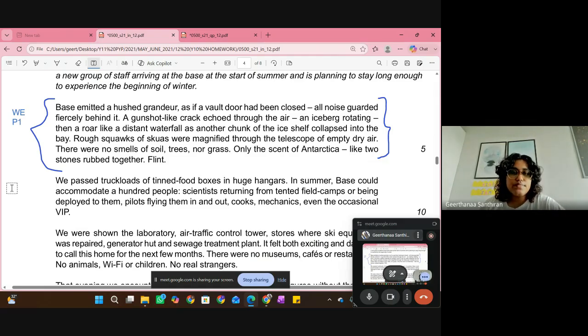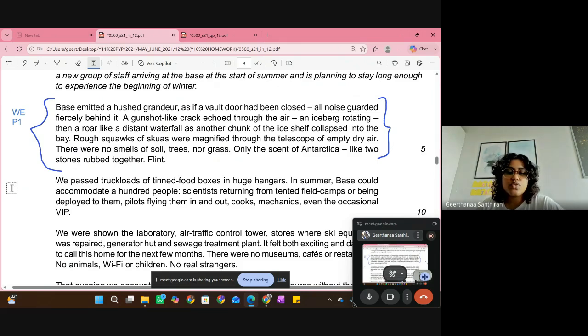Okay, so let's look at this. "Base emitted a hushed grandeur, as if a vault door had been closed, all noise guarded fiercely behind it. A gunshot-like crack echoed through the air, an iceberg rotating, then a roar like a distant waterfall, as another chunk of the ice shelf collapsed into the bay.